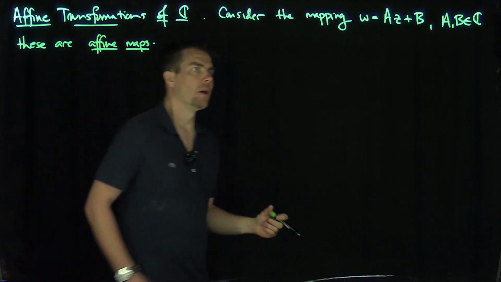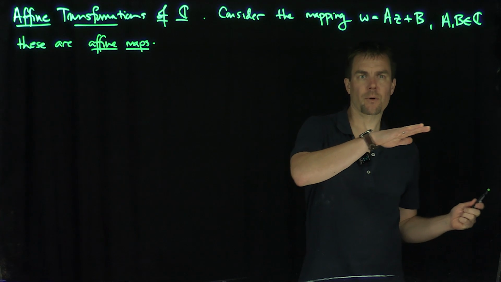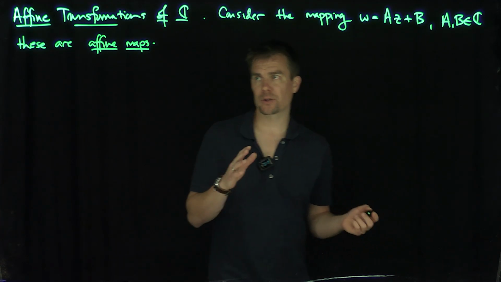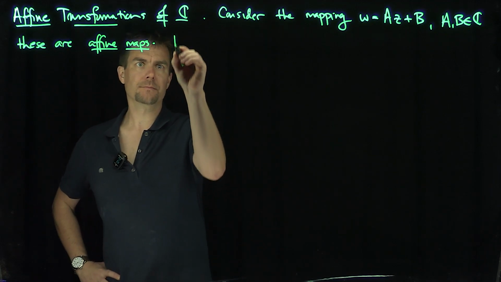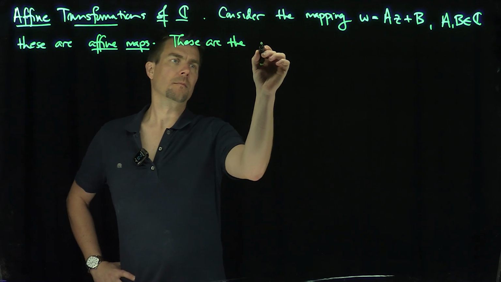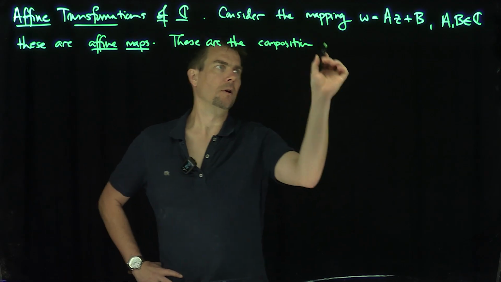Let's assume that B is not 0. If B is equal to 0, it's a different situation. They're the composition of two maps.